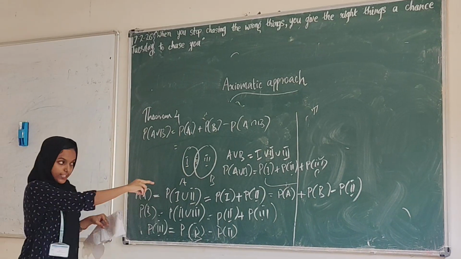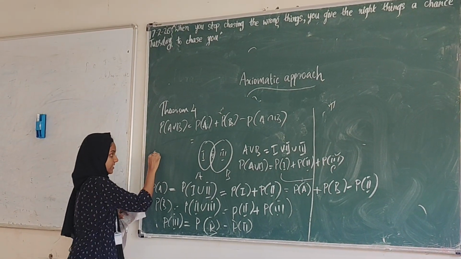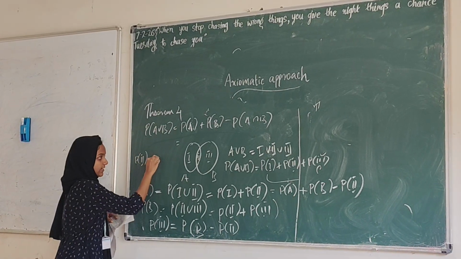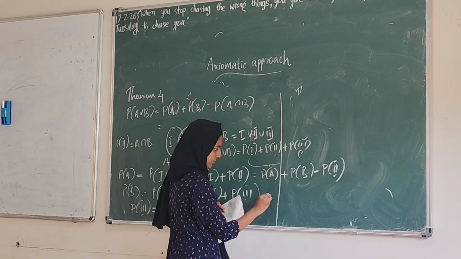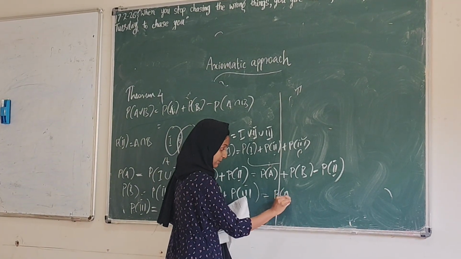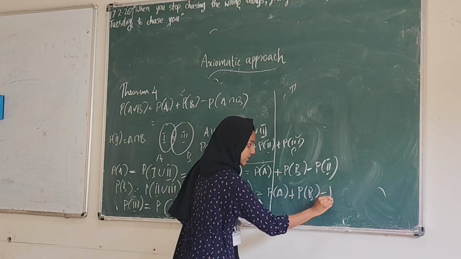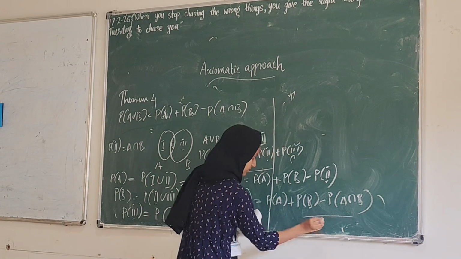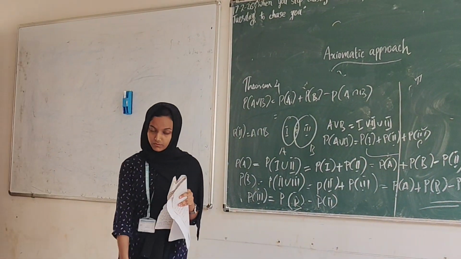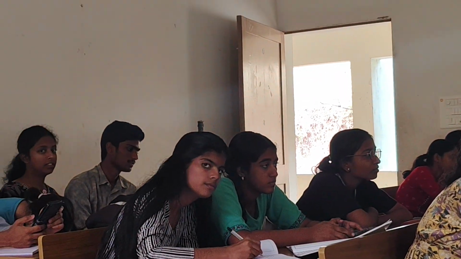So P of 2 is actually the intersection, so we can write P of 2 as P of A intersection B. So we will get P of A plus P of B minus P of A intersection B. So the fourth theorem is proved.